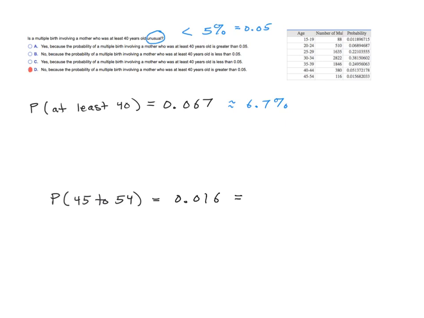Or, if you'd like, 1.6%. Now, that is definitely unusual. The probability is less than 0.05, or if you'd like, the percent is less than 5%. So this is what we mean by an unusual event. It's defined to be less than 5%.